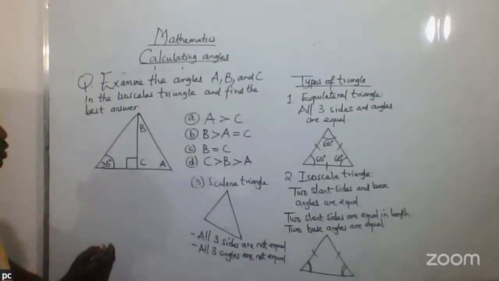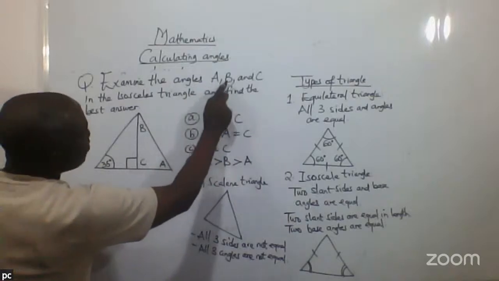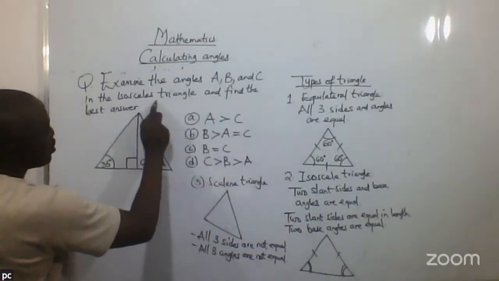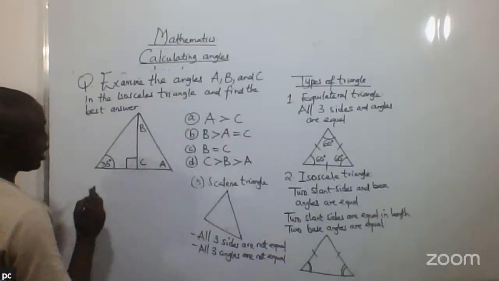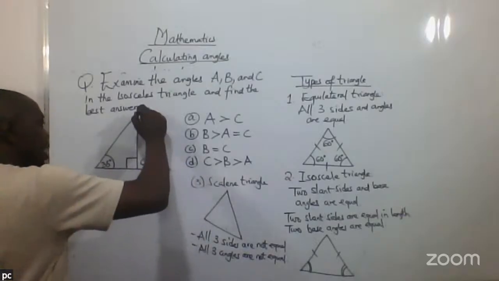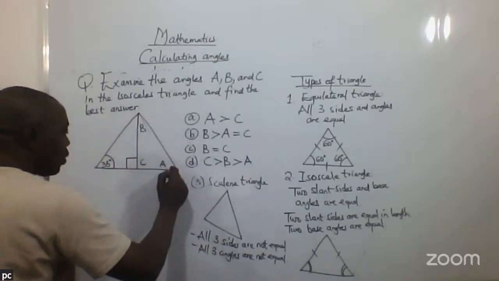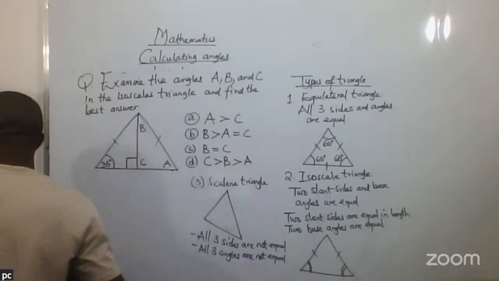So now let's look at what we have here. According to the question, examine the angles A, B, and C in the isosceles triangle and find the best answer. When we say isosceles triangle, it means this side and this side are equal.